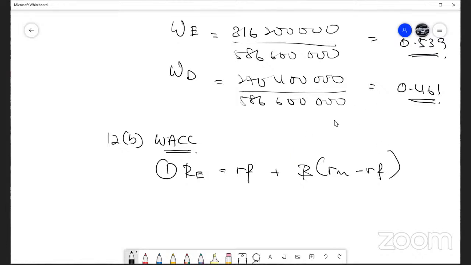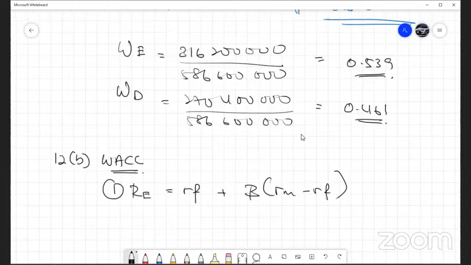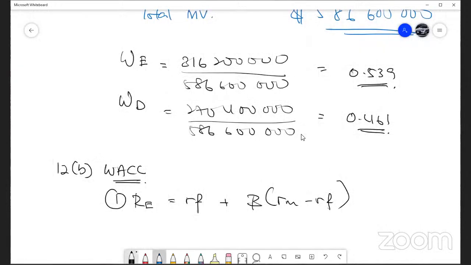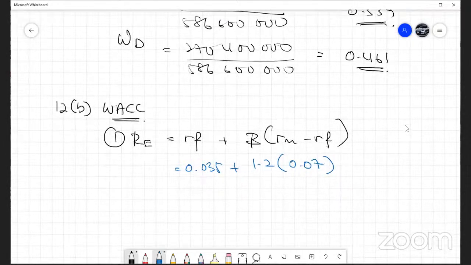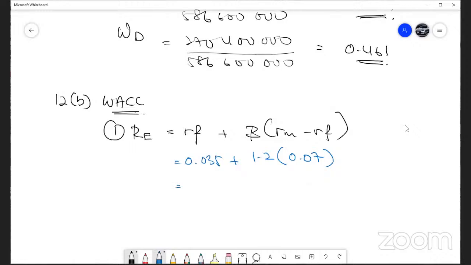So risk-free rate just now, I already tell you is 0.035. Beta 1.2. They tell you the market risk premium straight away, which is 7%, so it's 0.07. So this already gives you the cost of equity easily. So you can get 0.1190 or 11.9%.